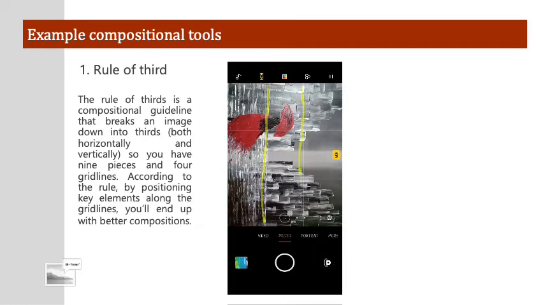For those who have not activated your grid lines, technically you have that in your phone, you just have to activate it or show it. These are what we call the grid lines. This little grid of lines that you are seeing is actually your basis for the rule of thirds.